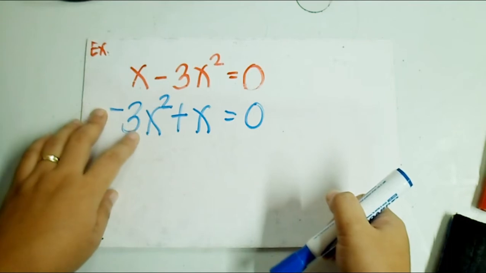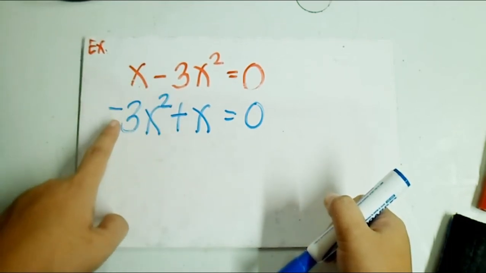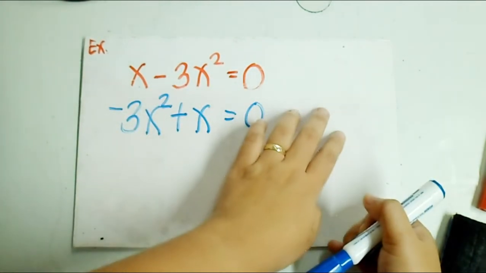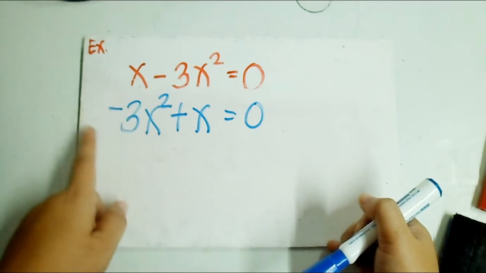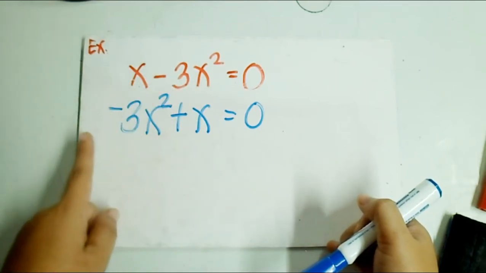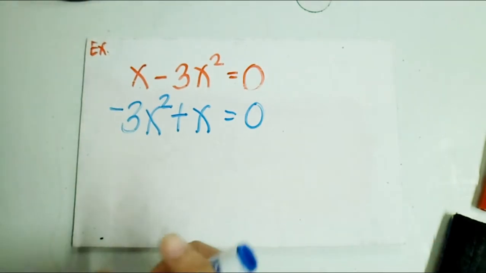So notice that the sign of negative 3 remains the same here because we did not transfer this to the other side. All we did is arrange it on the same side. So do not change their sign, remain it as it is.